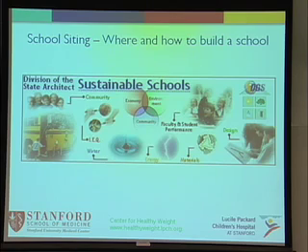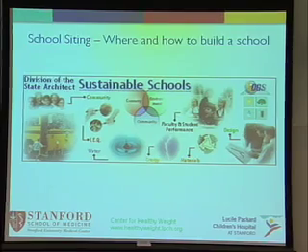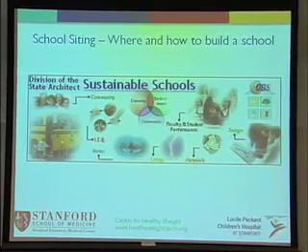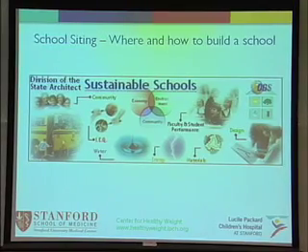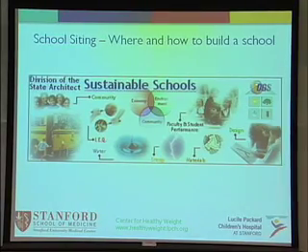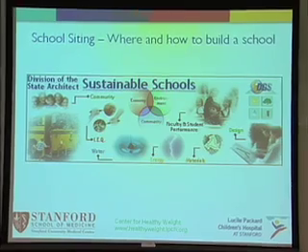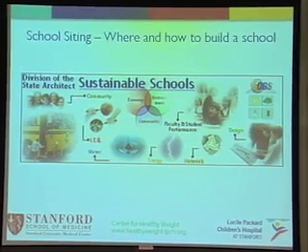How they define school siting is that it involves both the decision of where you put your school and how you choose to orient it on the site. This is a really important issue when you're building a new school, because the siting impacts every aspect of the school: the direct environmental aspect, energy impact, and indoor air quality.